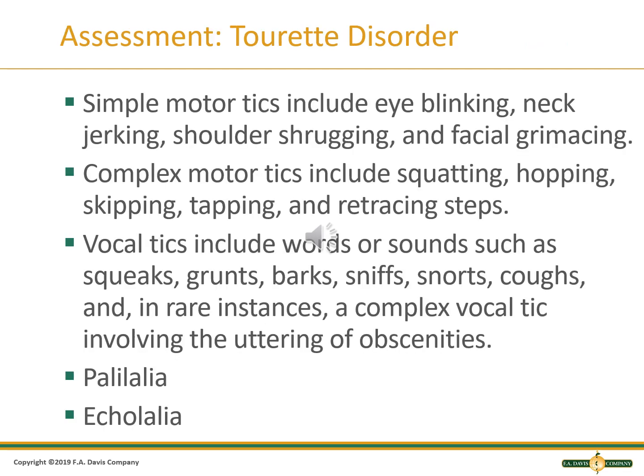Simple motor tics include eye blinking, neck jerking, shoulder shrugging, and facial grimacing. Complex motor tics include squatting, hopping, skipping, tapping, and retracing steps. Vocal tics include words or sounds such as squeaks, grunts, barks, sniffs, snorts, coughs, and rare utterance of obscenities.